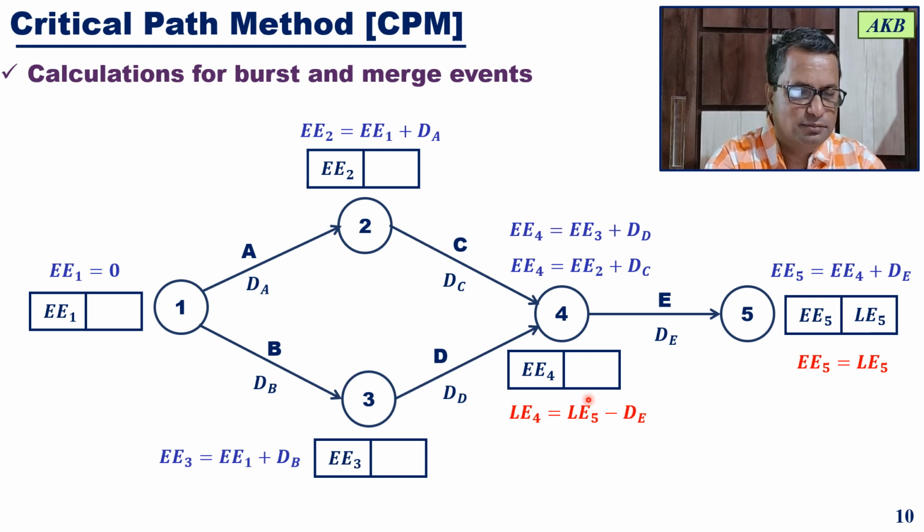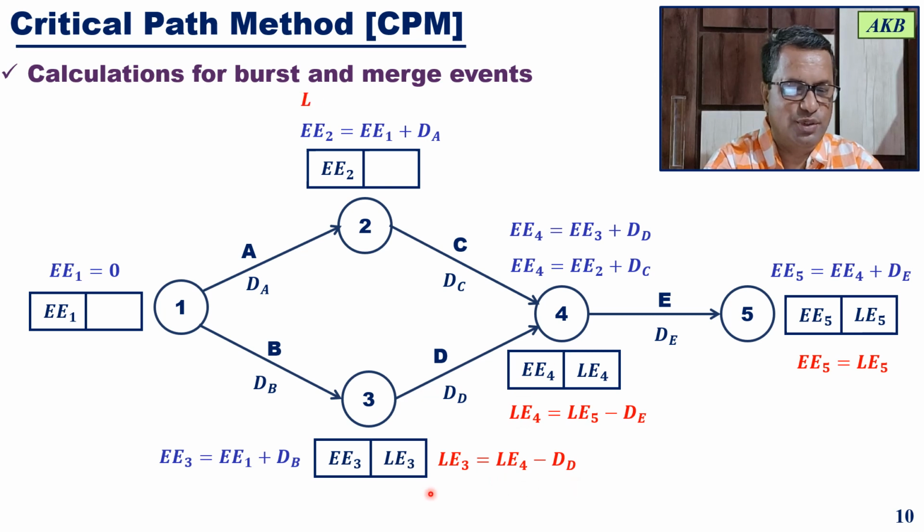Then for event 4, the latest event time LE4 will be equal to the latest event time for event 5 minus the duration of this activity. Similarly, for event 3, you'll get the latest event time as the latest event time for 4 minus the duration of activity D. Similarly, for event 2, LE2 is equal to LE4 minus the duration of this activity. So that will give you LE2.